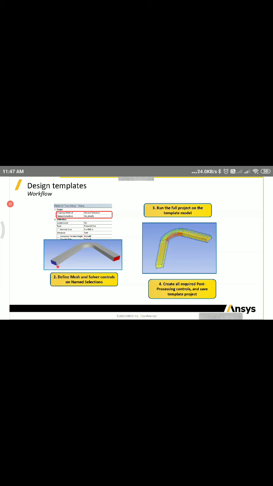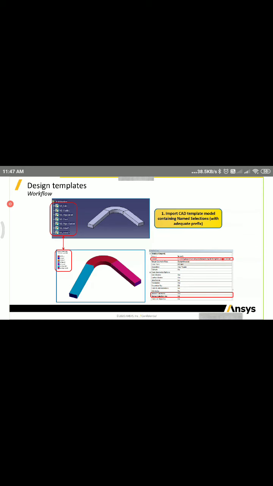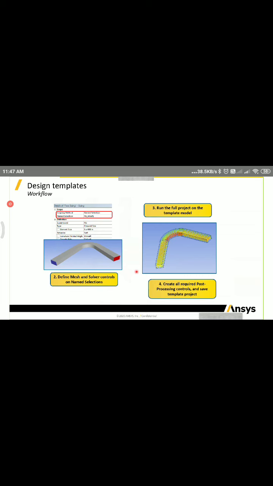And the next step, I'll just go to the template and replace this with the actual part. So the next time, everything will be automatically carried forward because everything is defined with the same topology and the same names, and it will automatically understand where it has to give the inlet boundary condition, where it has to give the outlet boundary condition, where it has to monitor flows and other monitor controls.